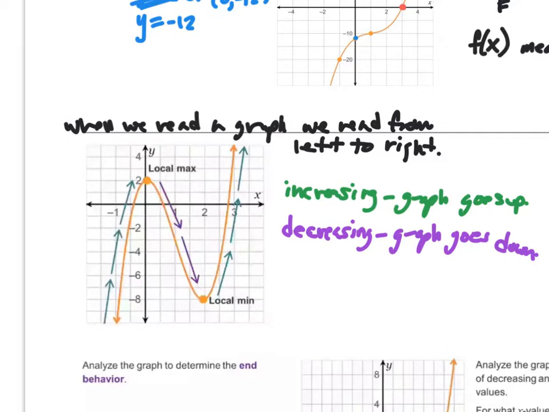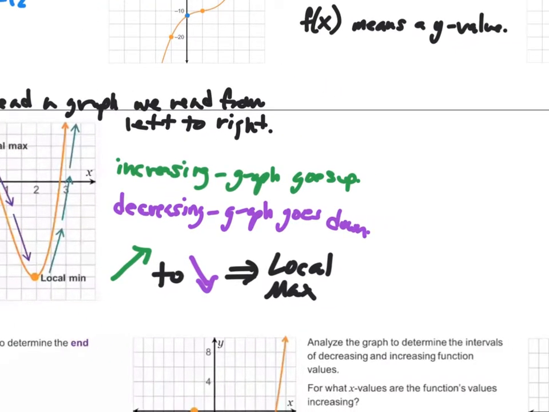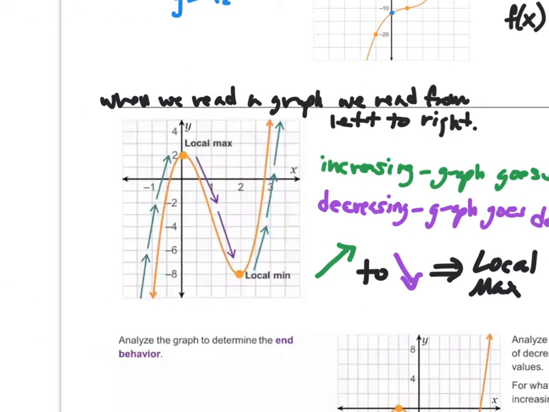If we go from increasing to decreasing, that's going to give us a local max, the peak of a mountain. A local maximum is just the largest y value over an interval.